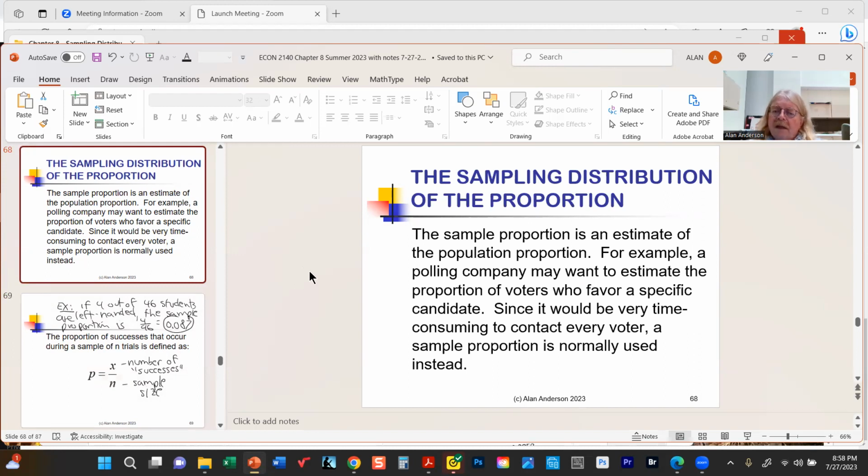But we already know that as the number of trials increases, the binomial distribution gets progressively closer to the normal distribution. So that means that to calculate probabilities for the sample proportion, you can also use the normal distribution. The central limit theorem doesn't need to be invoked here because we know that proportions follow the binomial distribution.